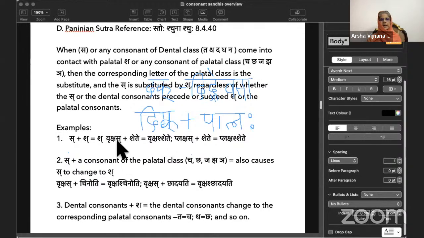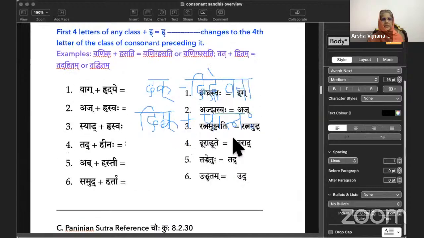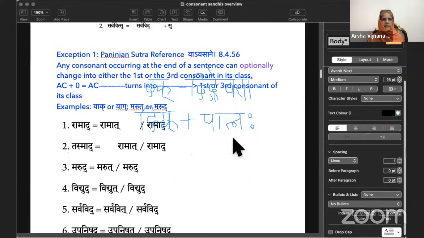You can't pronounce sa without the teeth. That's why babies lisp. So Vrikshas shete, then the sha is palatal. So what is the replacement? Vrikshash shete. Plakshas shete, plakshash shete.